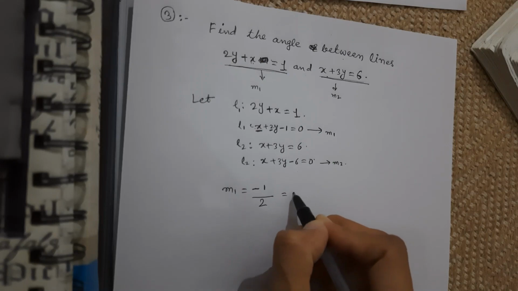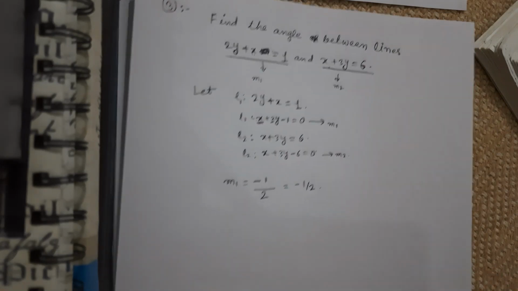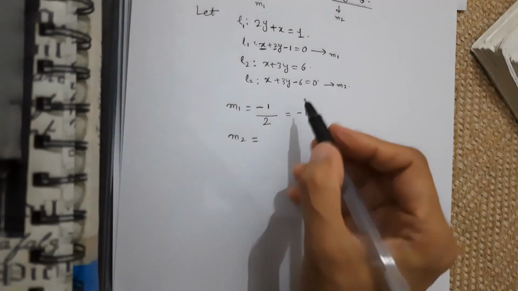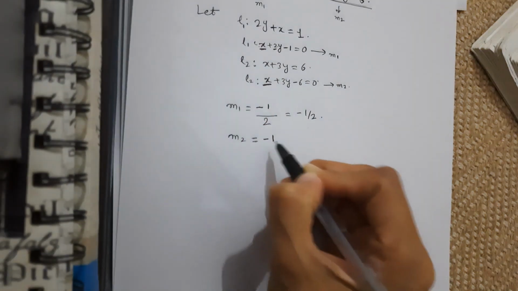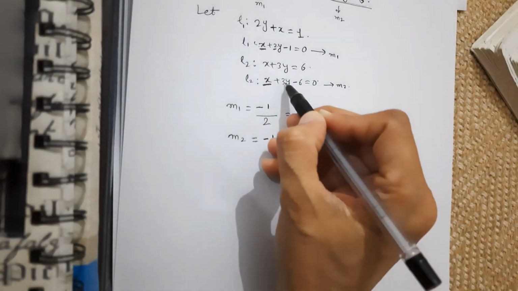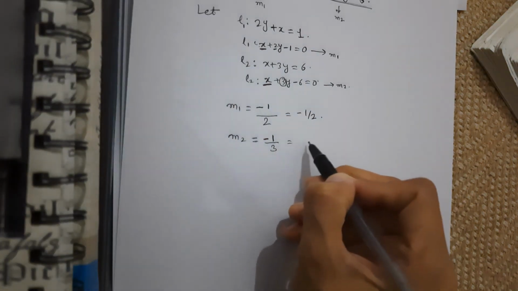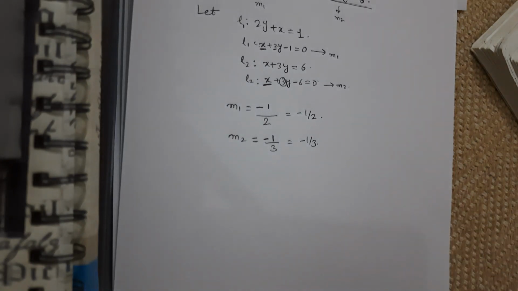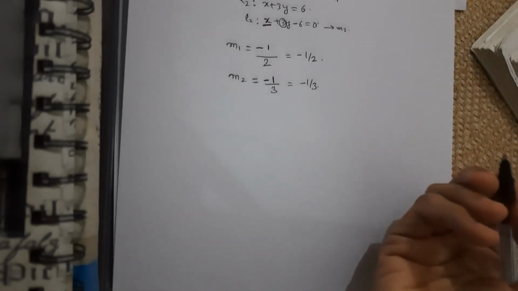So m1 is minus 1 by 2. Similarly m2 will be equal to, here what is the coefficient of x? 1, and this minus sign is there in the formula. And what is the coefficient of y? 3. So minus 1 by 3. This is m2.